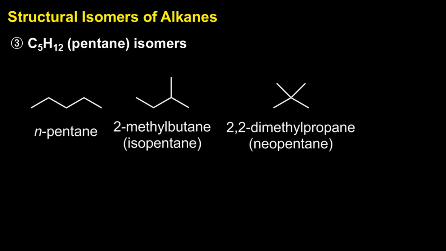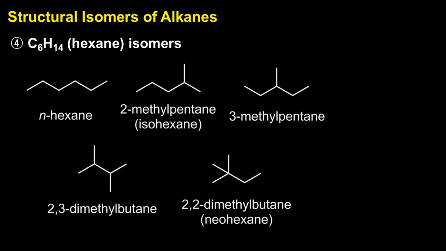In this one, a methyl group, that's a CH3, is attached to the second carbon of a 4-carbon chain, giving it a single branch. And then we have neopentane, or 2,2-dimethylpropane. This one is even more compact. It has a central carbon bonded to 4 other carbon atoms, forming a highly branched, almost spherical structure.